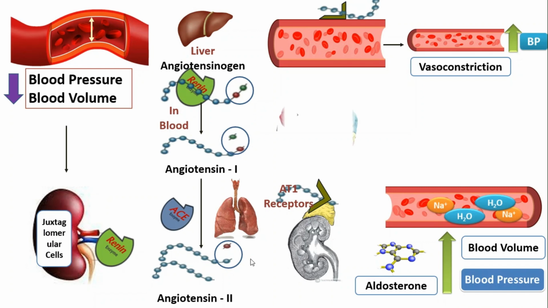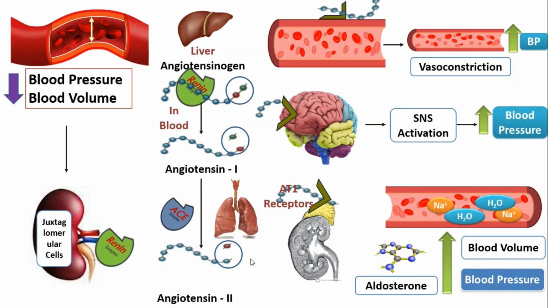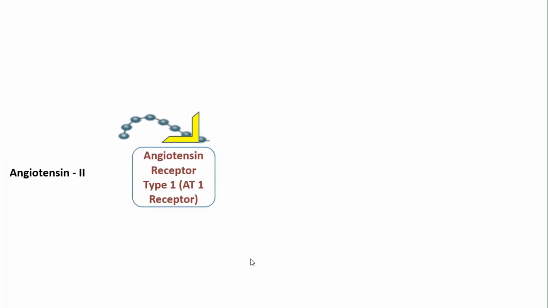The same angiotensin 2 also binds with the AT1 receptors on the brain, leading to activation of the SNS, that is the sympathetic nervous system, which ultimately increases the blood pressure. So, in summary, angiotensin 2 binds with AT1 receptor at various locations of the body and increases the blood pressure.